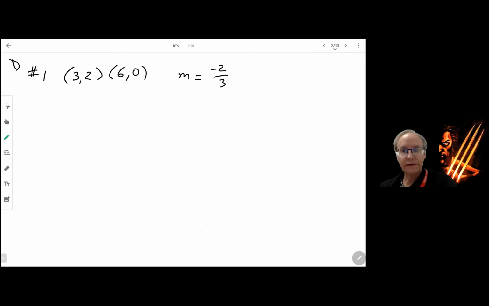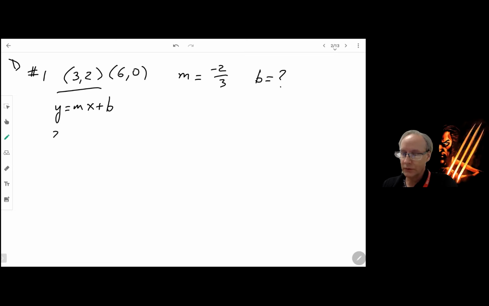And we can choose either one of these points, and we can put it in y equals mx plus b form by writing y equals mx plus b and choosing a point. You can choose either one of the points, it doesn't matter. I'm just going to choose the first one, and I'm going to substitute and find the b, because once you know m and b, you can write the equation. So I'm going to put in the first one.